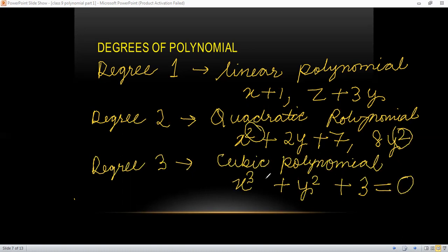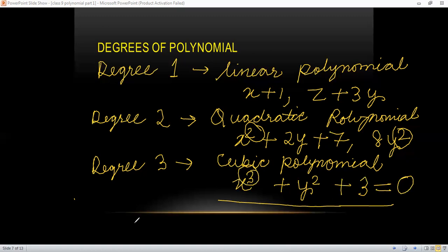Here the highest power is 3. So we will call it a cubic polynomial. So in an expression, we will see what is the highest power, and according to that, we will say whether it is a cubic polynomial or linear polynomial.